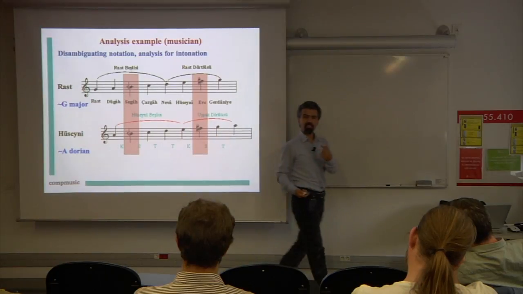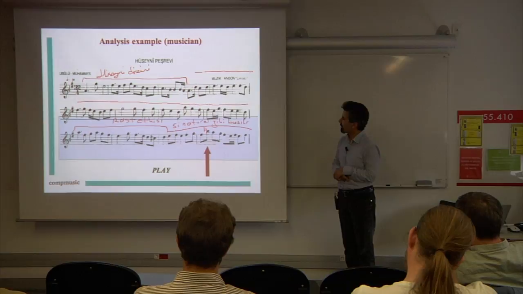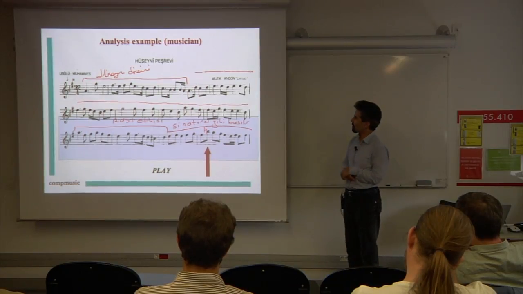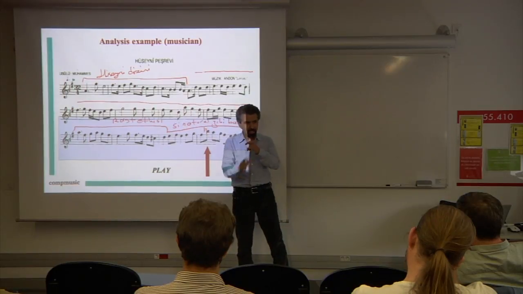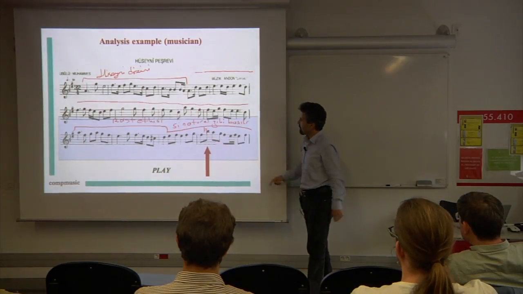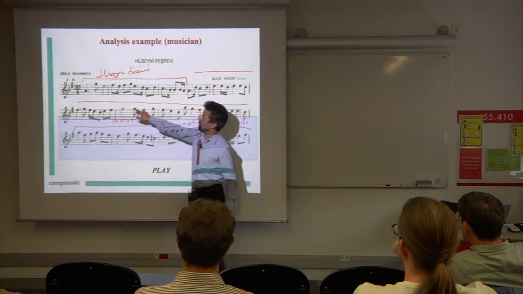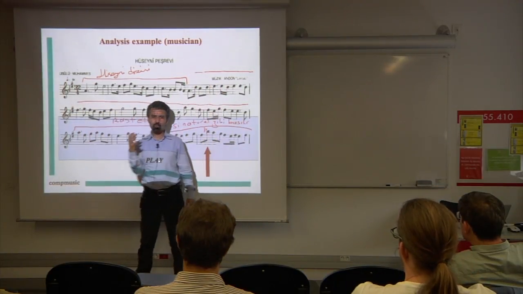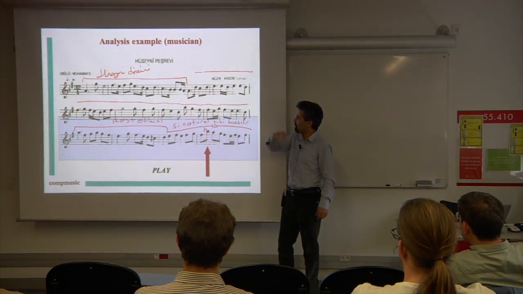Okay. Just let's listen to one example. I asked from a friend in conservatory who teaches this. Well, he's writing, so he quickly wrote and played me, and we have recorded. So this is a Makam Hüseyni, and we would expect this B flat to be a lower B flat compared to the Rast's B flat.